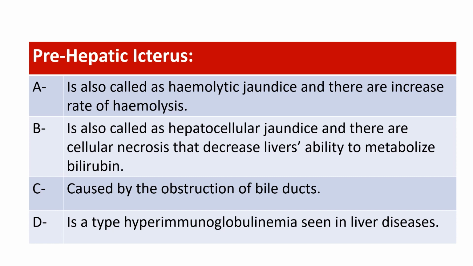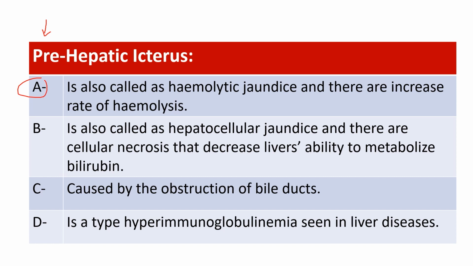Prehepatic icterus is also called hemolytic jaundice, and there is an increased rate of hemolysis. What about the others? Option B defines hepatocellular jaundice. It is hepatic icterus, a type of jaundice caused by damage to liver cells, not prehepatic. Pre means before the liver. There is a pathway which bilirubin follows.